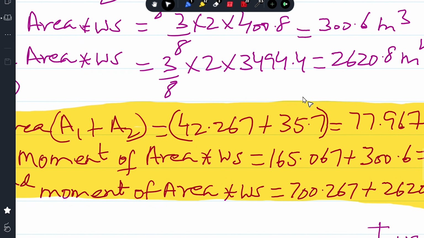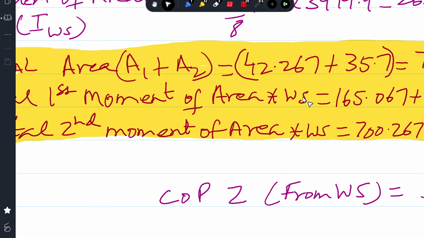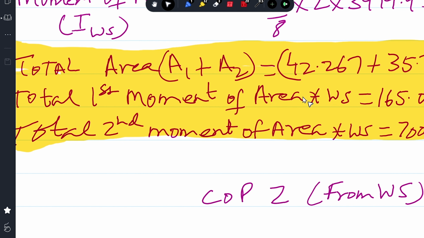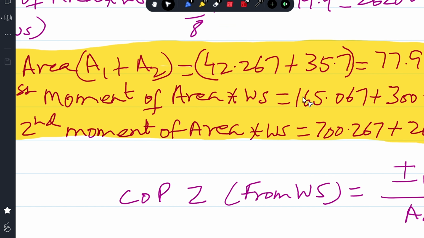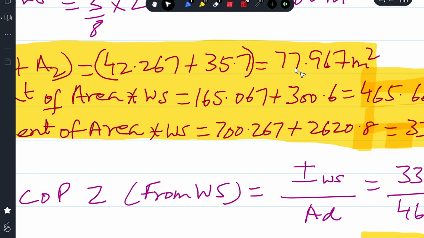So we will add all these up and we'll get total area, then total first moment of area about water surface and total second moment of area about water surface. So first we add up the area A1 plus A2, 42.267 plus 35.7, and total area of the bulkhead is 77.967, which is immersed in the water.